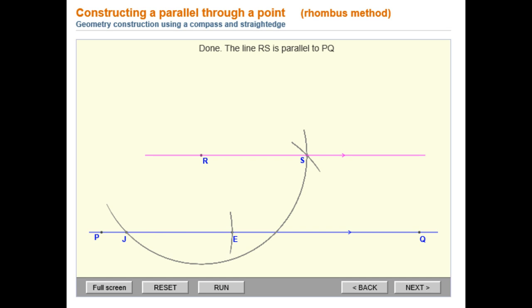We make an arc from that new intersection at point E through the semicircle or partial circle that we drew. And then finally we can connect up that intersection at S to the point that we want to be contained on our parallel line. And now we have a line through R and S that's parallel to the line that we started with.